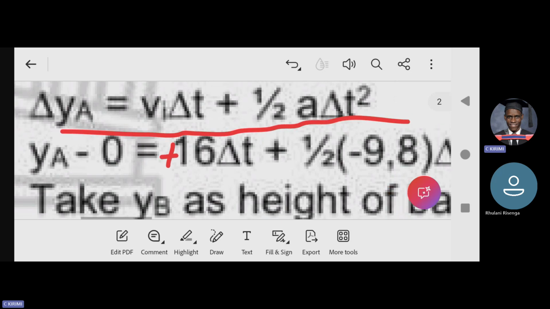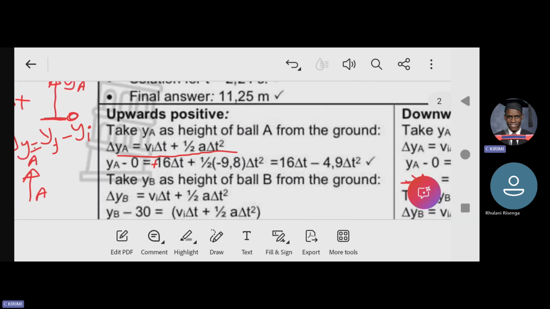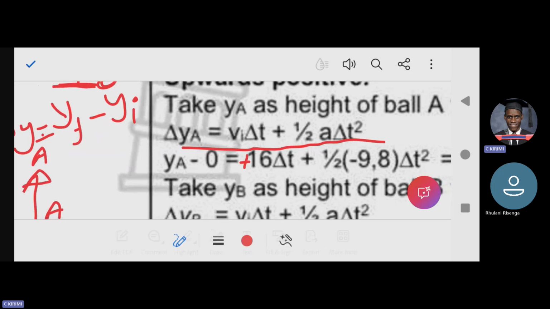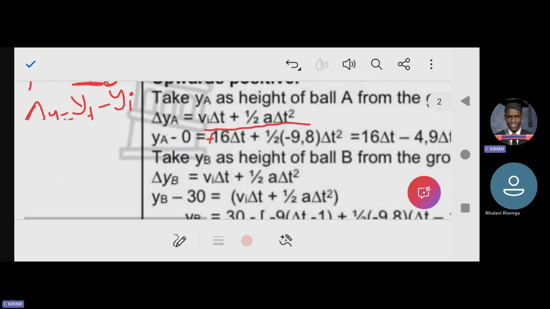Because it's going upwards. And we know if your ball is going upwards, the acceleration is always negative 9.8. Do you agree there? Yes, that's why that equation has been set up like that for the first part.